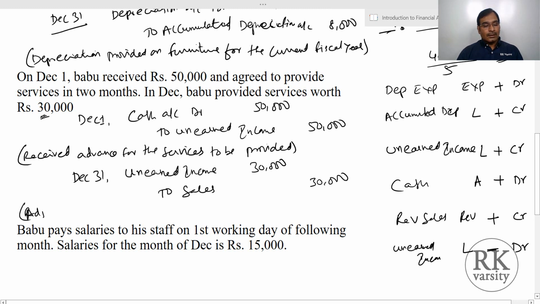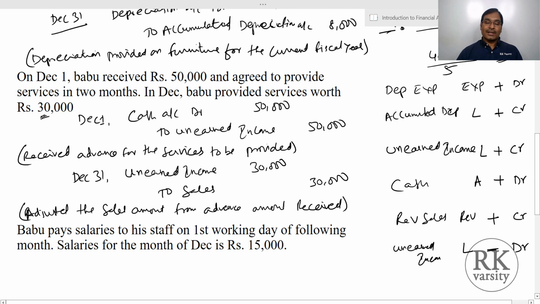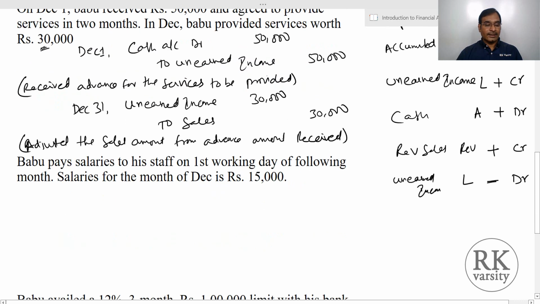So adjusted the sales amount from advance amount received. Now what will happen to your liability? Initially it was 50,000 and from that you are deducting 30,000. So your unearned income, that is a liability, will be 20,000. So this is another transaction.